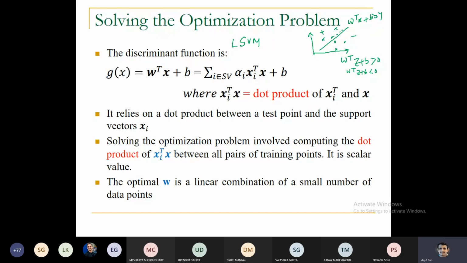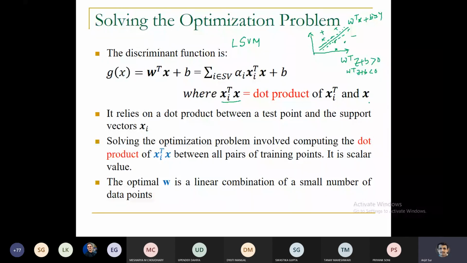If we know the support vectors, then W is replaced by the sum over i in the support vectors of alpha i xi, where alpha is the Lagrangian multiplier and xi are the support vector data points, and x is the new point, so it becomes the dot product with Z plus b.